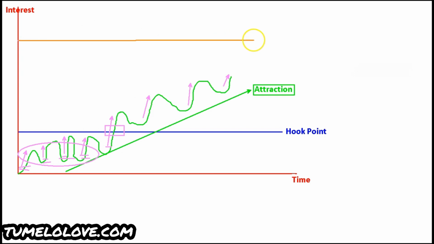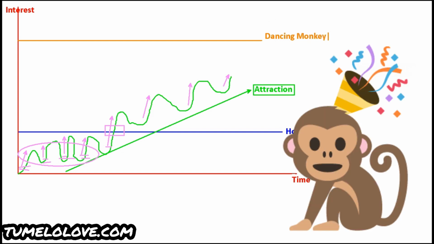There's a point in the interaction, a point in the girl's interest levels, where if you go beyond it, she begins to see you as what we call the dancing monkey or the entertainer.